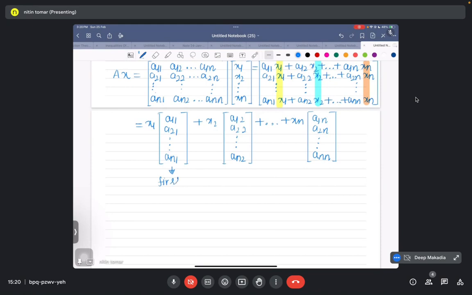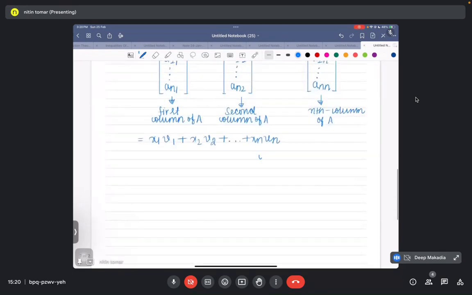This is the first column of A, correct? This is the second column of A. And then this is the last column, which is the nth column of A. So I can simply write it as x1 v1 plus x2 v2 up to xn vn, where A is nothing but these columns v1, v2, up to vn.